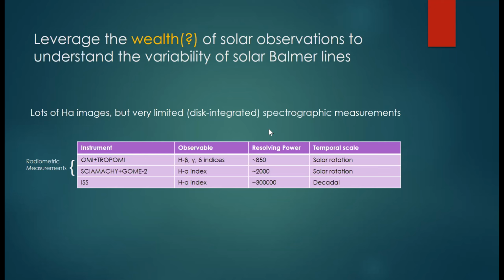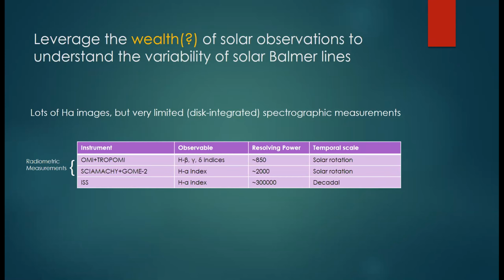In particular, we analyzed OMI and TROPOMI measurements to look at the variability of H-beta, gamma, and delta, and SCIAMACHY and GOME-2 to look at the variability of the H-alpha. The problem that we found with these instruments is that they are affected by long-term trends, which are instrumental, and which we had to remove. And so this means that we couldn't use this data to look at the variability of the solar radiation on longer timescales.